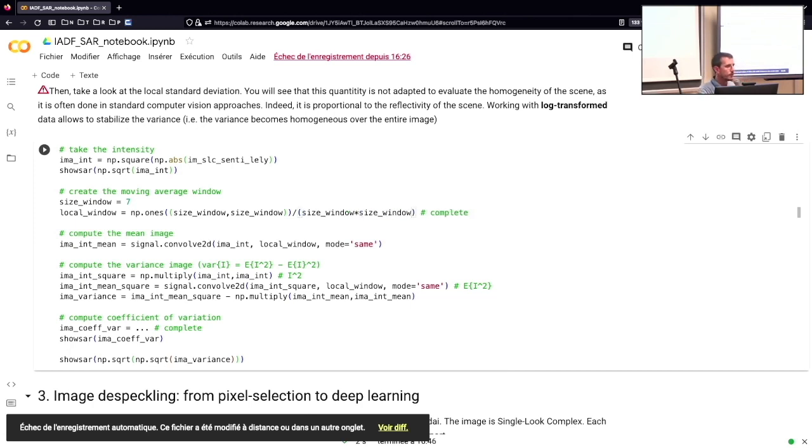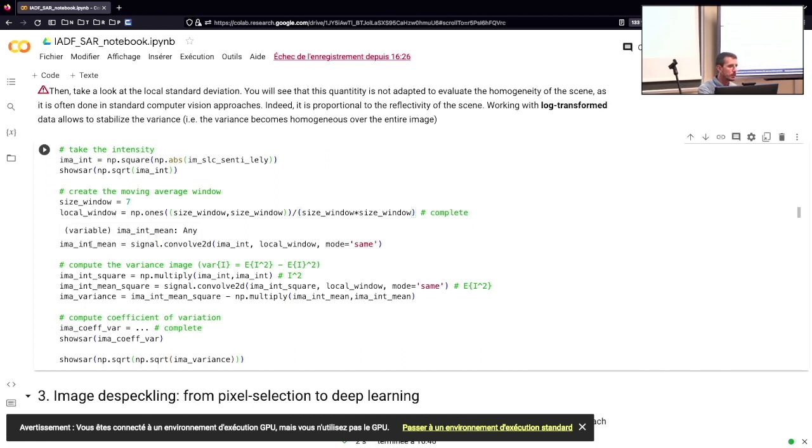So here I'm just defining an array where the shape of this matrix is 7 by 7, and in each value I have 1 divided by 49. Okay, so it's an average filter. It's a mean filter, and then I'm going first to compute the mean image. So I'm going to average pixels in intensity.